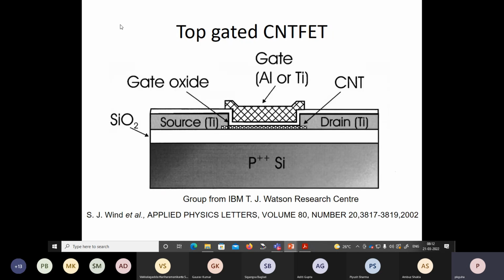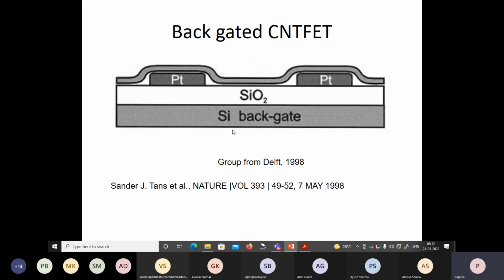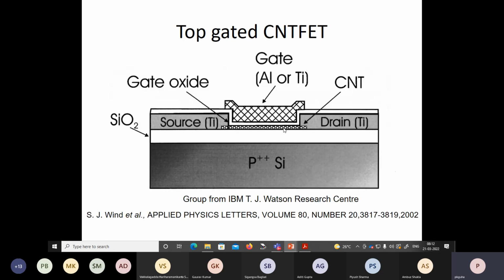And then we talked about top gated CNT FET, where we put CNT on the substrate like the one before, but here the process is a bit complicated, because then you deposit gate oxide of many kinds. You can use SiO2 or other oxide if you want, and on top of that you put your metal layer, which gives you the gate contact.